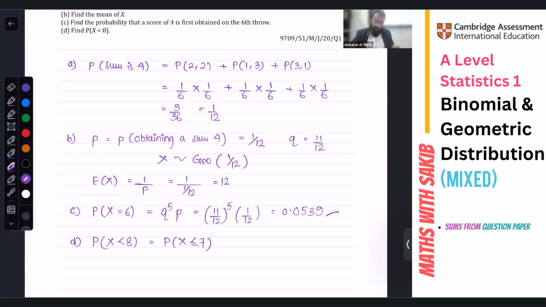Clear? That means 1 minus q to the power 7. So 1 minus 11 by 12 to the power 7. So 0.456. Is it okay? Clear?